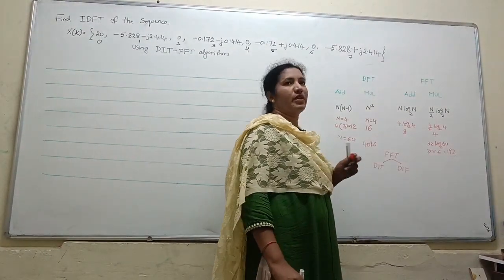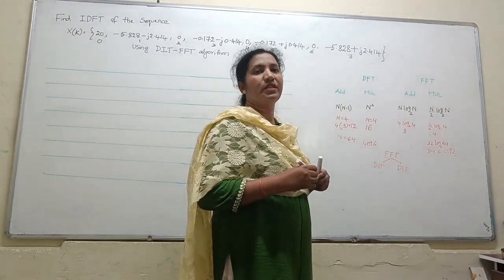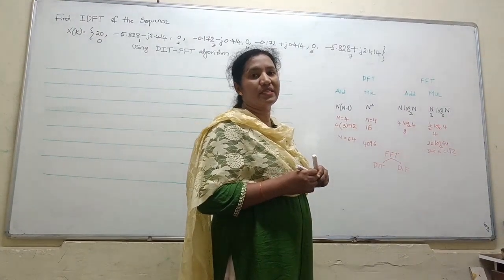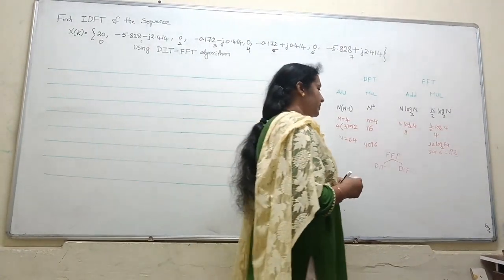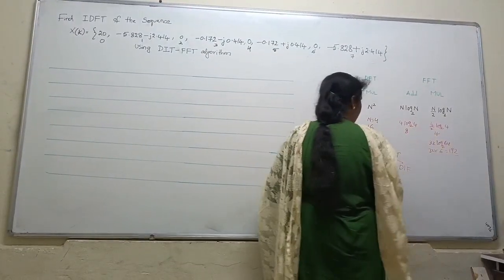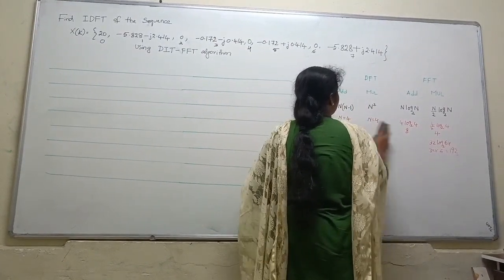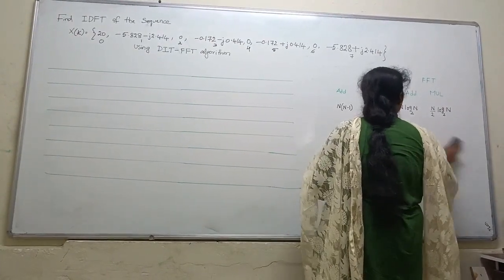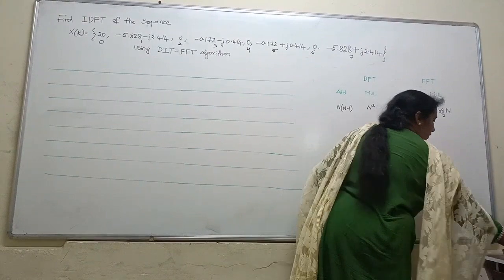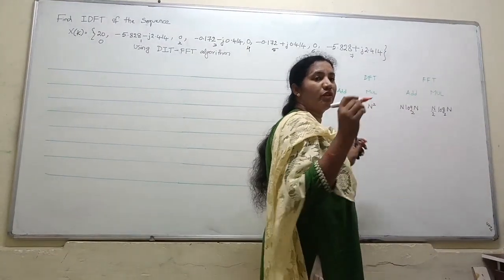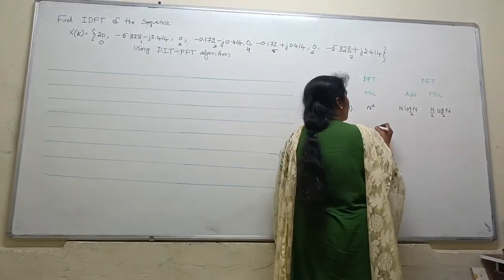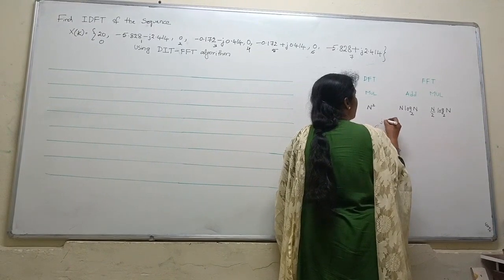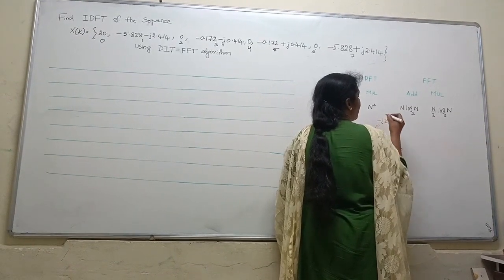For this, we have to look into the question and see the necessary steps to solve the problem. First, we need to know a few more basics, that is how to write e power minus j2 pi.